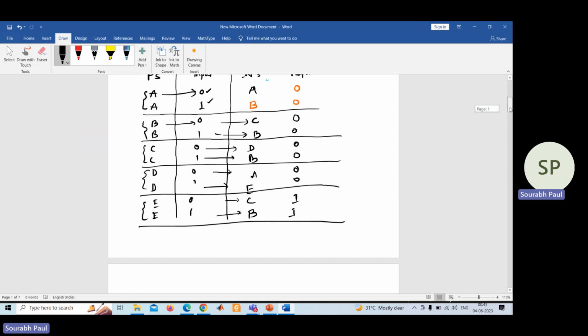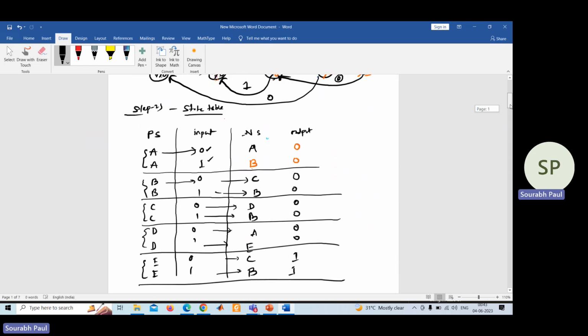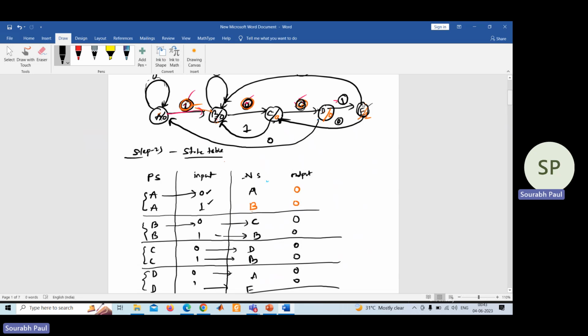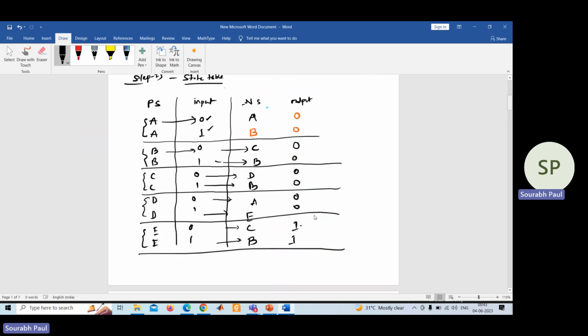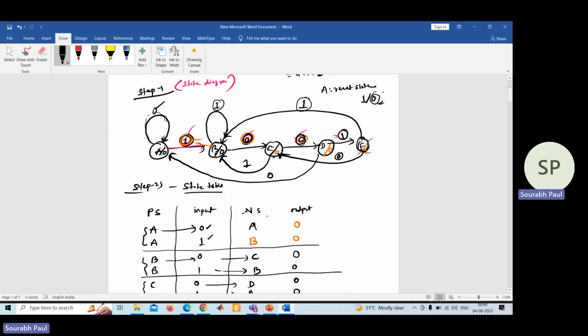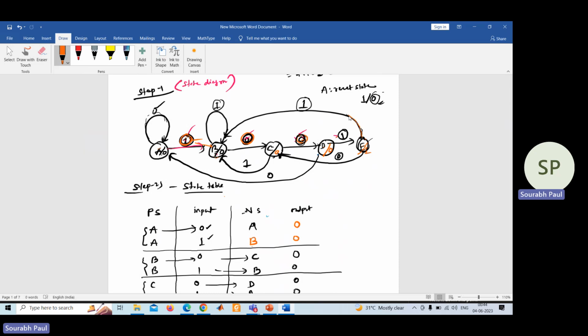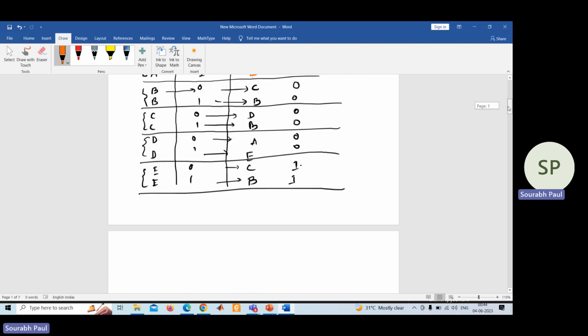Now you have to remember one thing. In case of Moore machine, if you are traveling from a state where the output is 1, then in that case only you have to write 1. Note this point down: when you are moving from E to another state, then only you have to write 1.